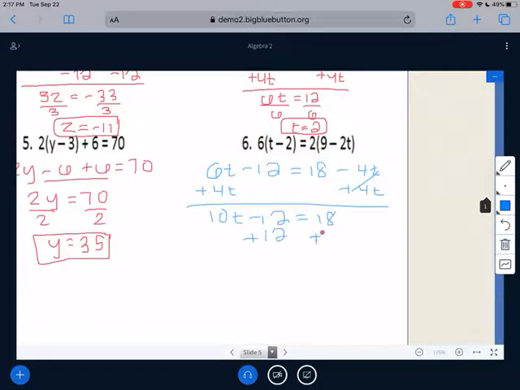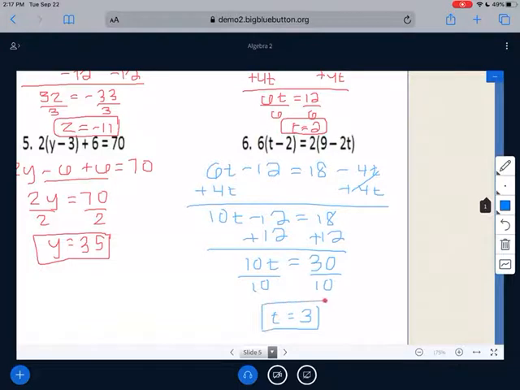Add 12. Divide by 10. And get t equals 3.